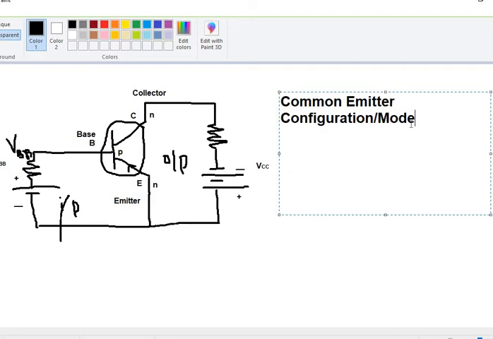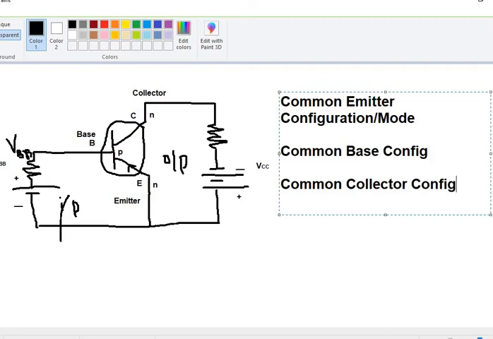Yes, of course, the other two configurations are also possible and very common in use depending upon the applications. If the base is common, then it is common base configuration. If the collector is common in the circuit, it is known as common collector configuration.